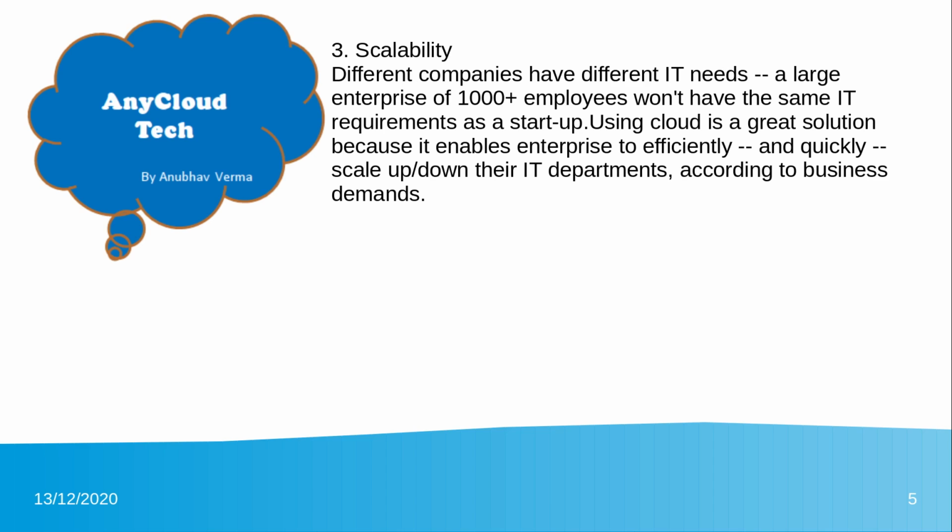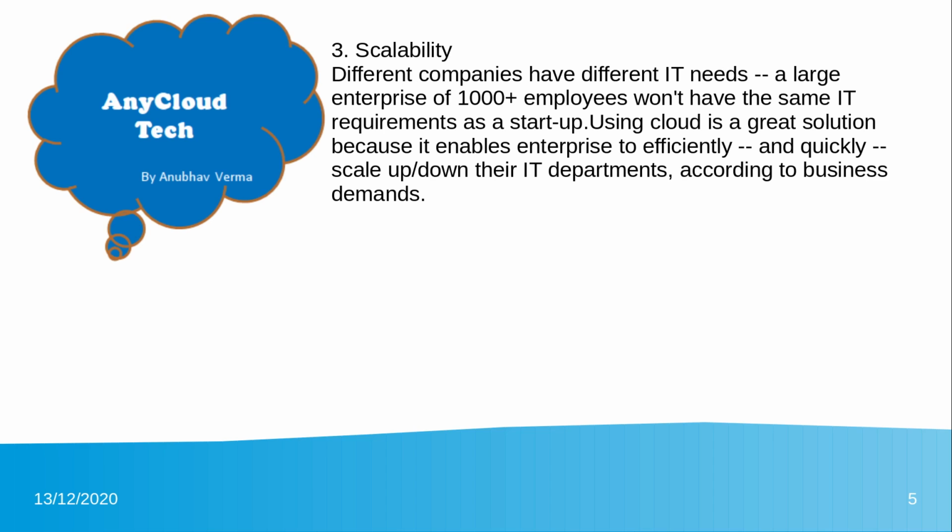Similarly, the third point is scalability. Scalability is also a good thing. Let's suppose currently you have three servers: web, app, and db. Now your company is growing and you need more servers.